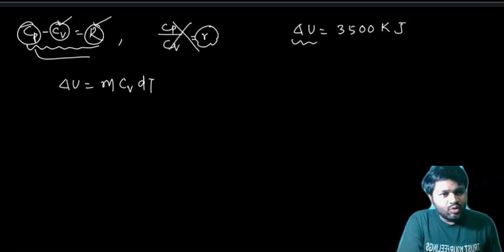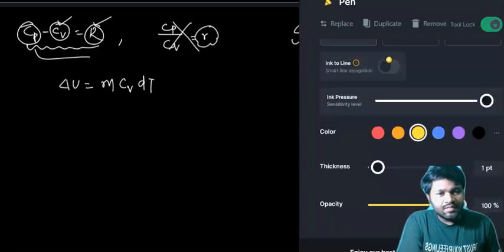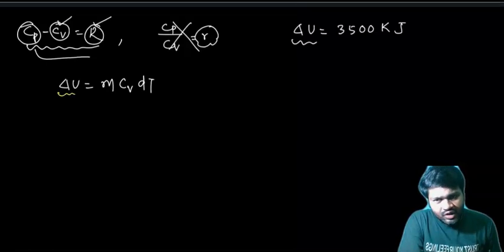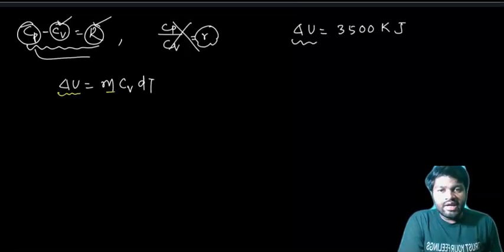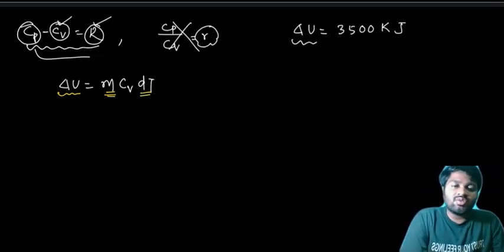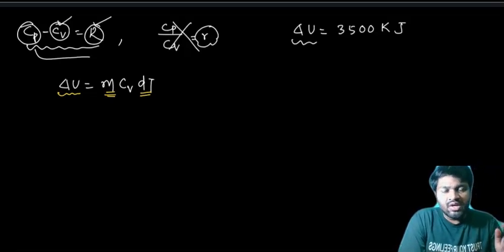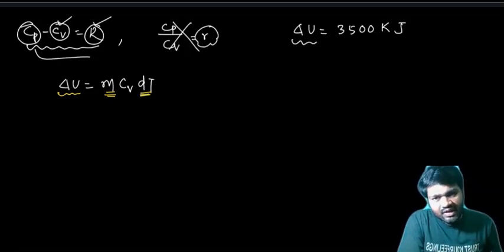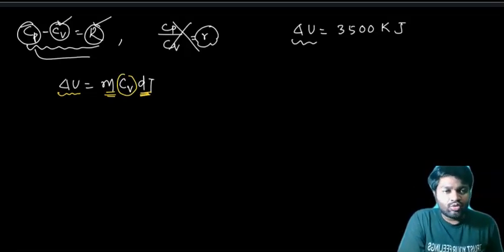From here, if we look into this particular equation, del U value is given to us, M is also given to us, and dT, that is the temperature change during this particular process, is also given to us, right? So from here, can we find out the value of Cv? Definitely, we can calculate that.